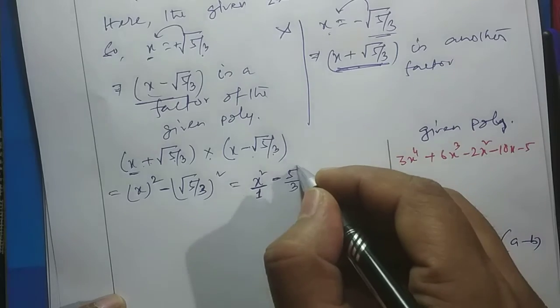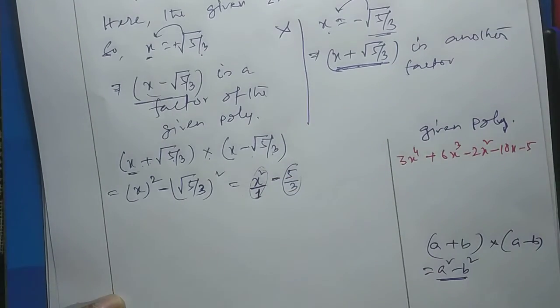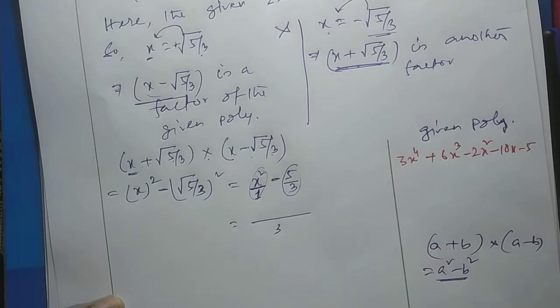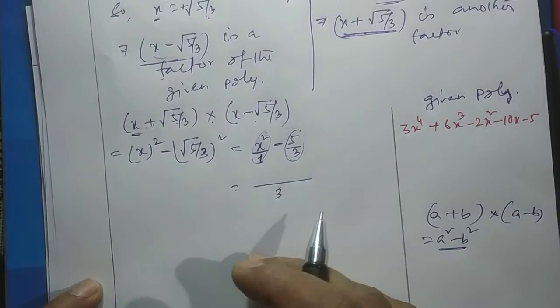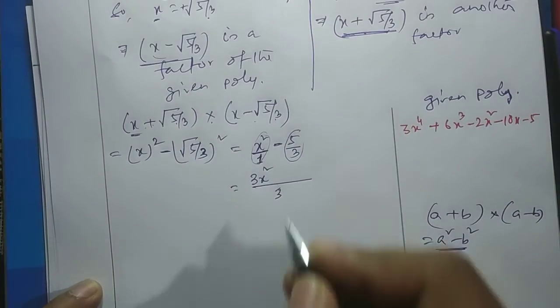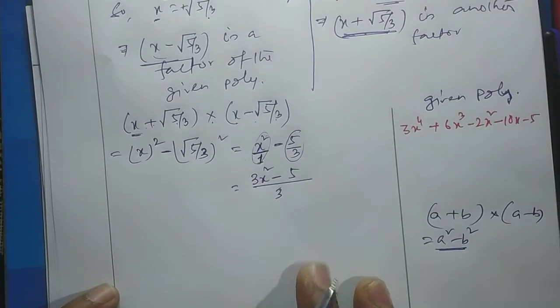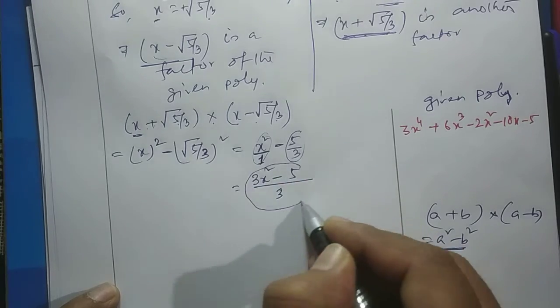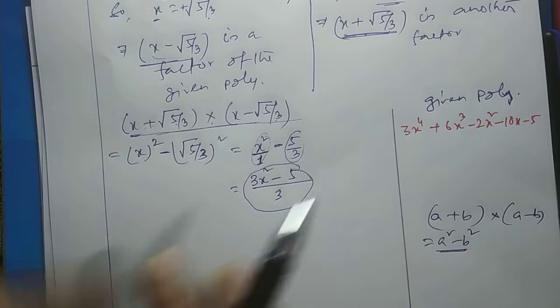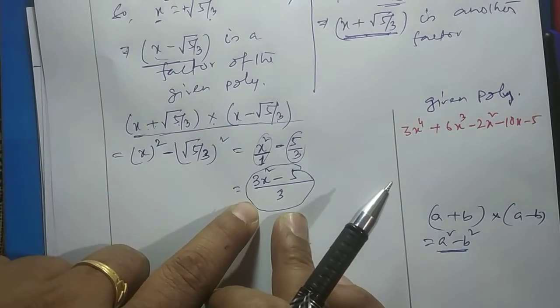Now let us do minus of these two terms. For this purpose, let us do LCM. 3 will be the LCM. Now in the upper part it will be 3x square minus 5. So ultimately we have got this term after multiplying. Correct? After multiplying we got this term.